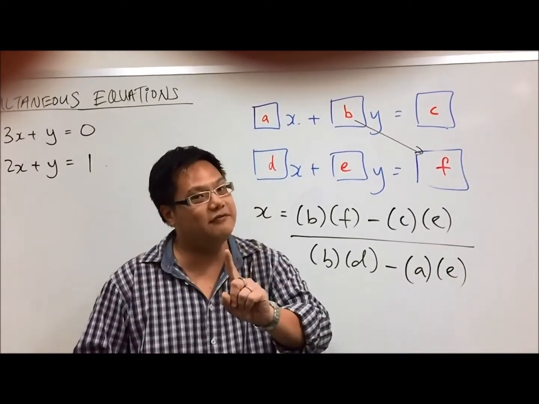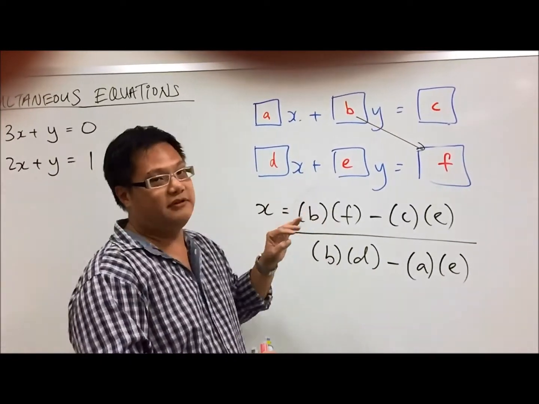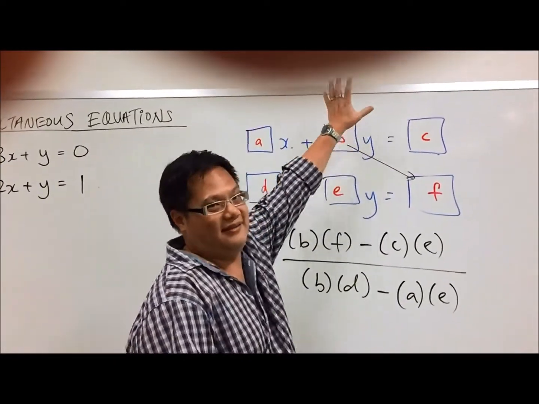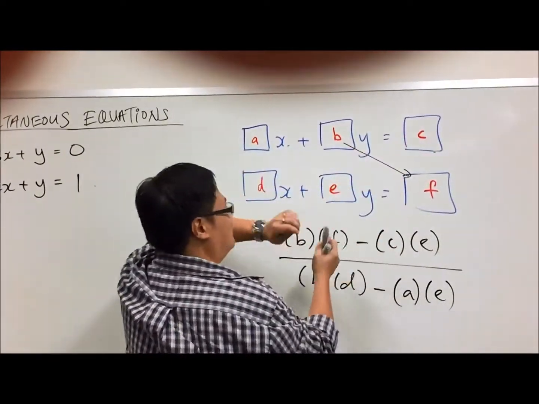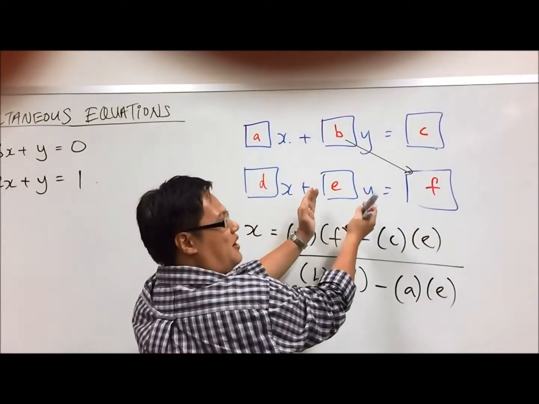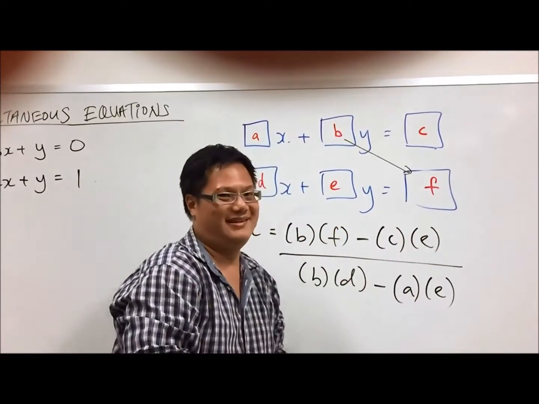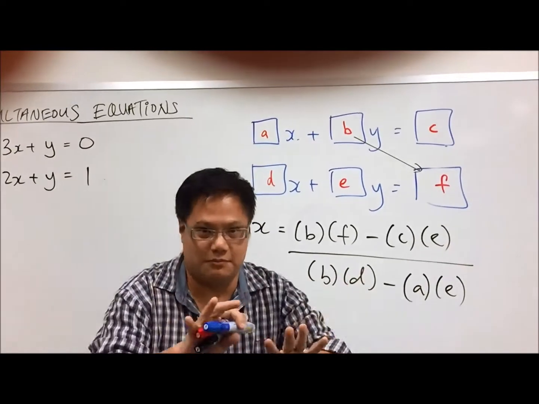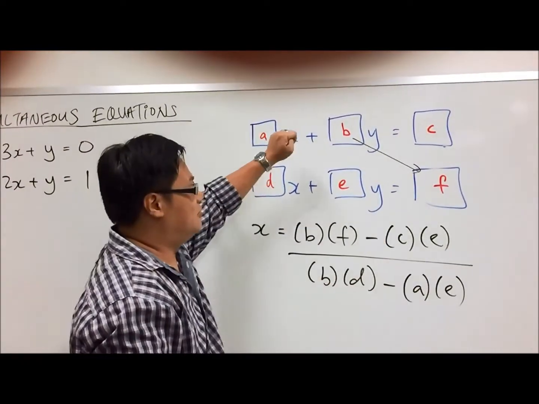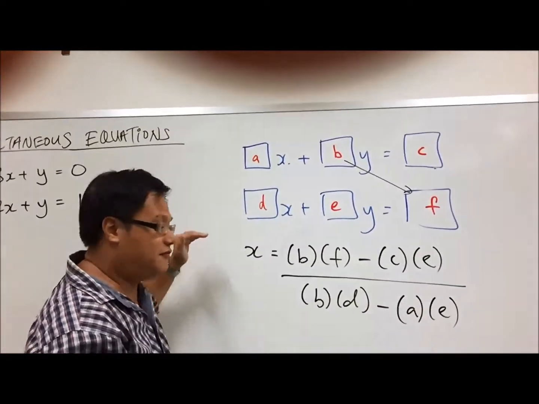The first thing you have to do is to make sure you arrange everything in x, y, number. Equation 1: x, y equals number. Equation 2: x, y equals number. After doing that, what you do is the positioning. It's all about the positioning. So you can jump straight into finding the value of x.